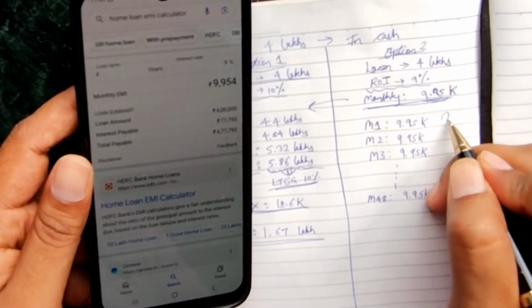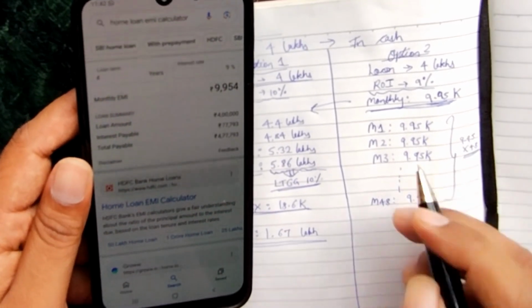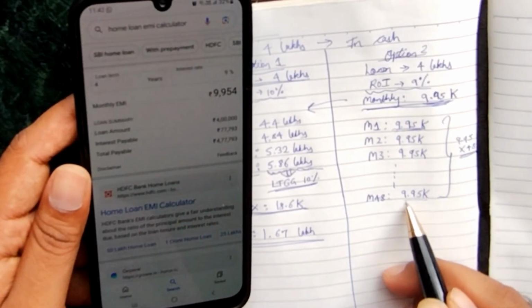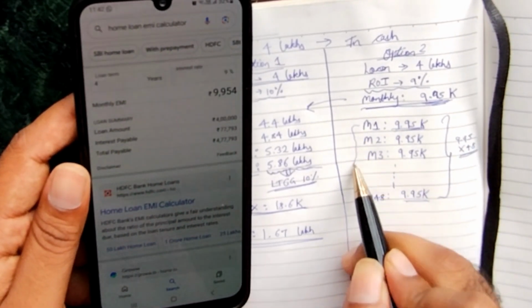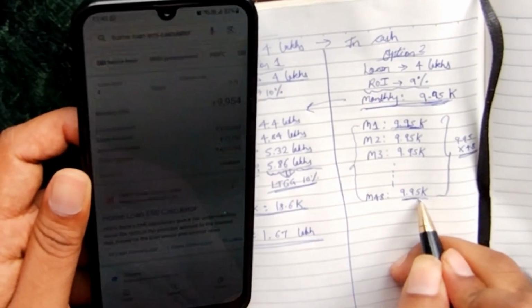To make it simpler, let's say month 1 he pays 9.95k, month 2 again he pays 9.95k, month 3 the same amount, and this goes on till month 48 where he last pays his 9.95k. So this 4.77 lakhs is basically 9.95 into 48. But the value of this 9.95k is not equal to this, because in the span of 48 months this 9.95k would grow to a certain amount which is much more than 9.95k.